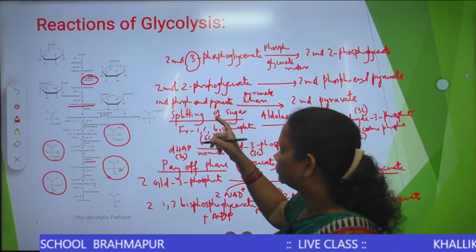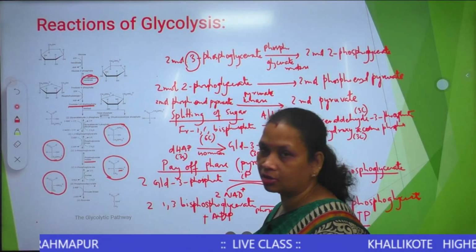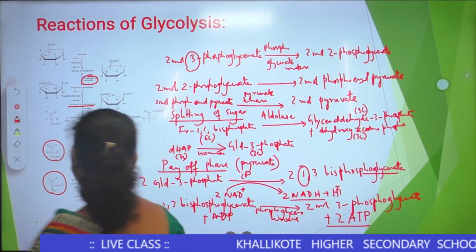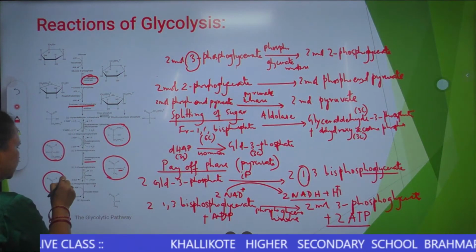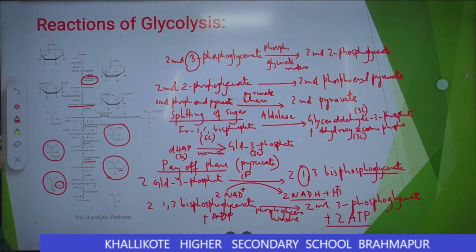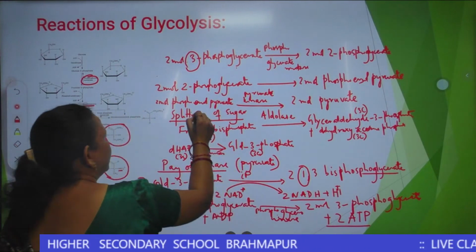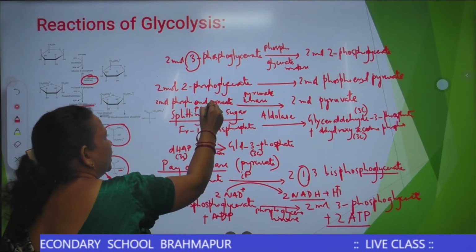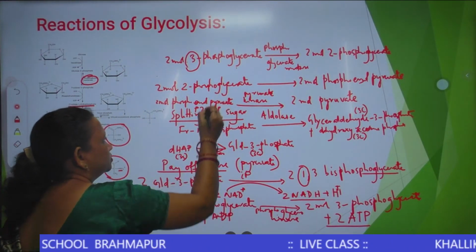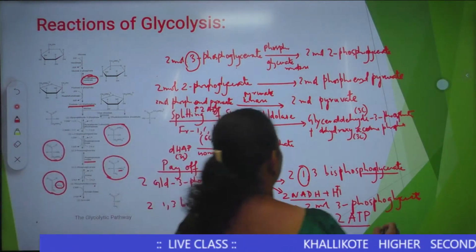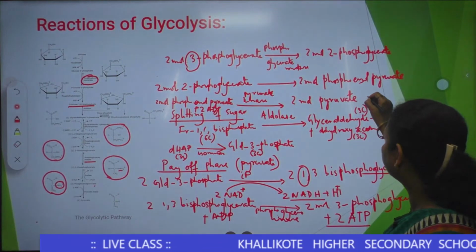So, here the 2 phosphoenol pyruvate molecules are losing the phosphate each. So, here phosphate is taken out. So, this phosphate is taken up by 2 ADP molecules. So, what you will get? You will get 2 molecules of ATP here.